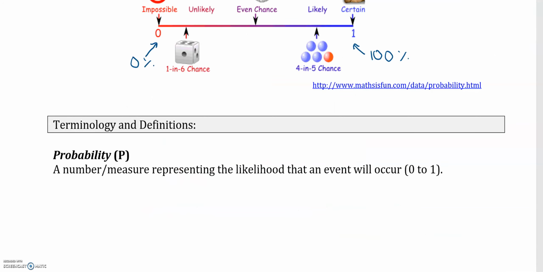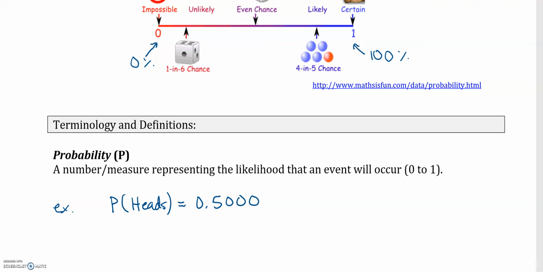For proper probability notation, we use the capital letter P to describe the probability, and then in brackets, we report what the particular event is, and we'll define what an event is in a moment. So say we're flipping a coin, the probability that you get heads in a coin toss is equal to 0.5000.